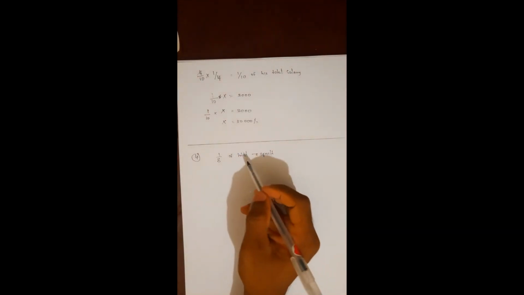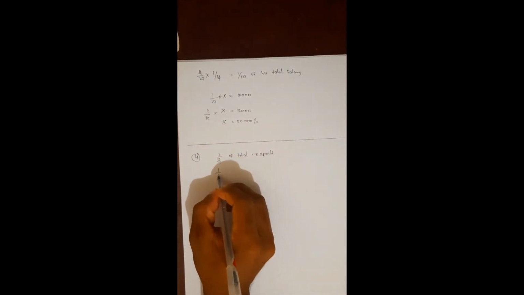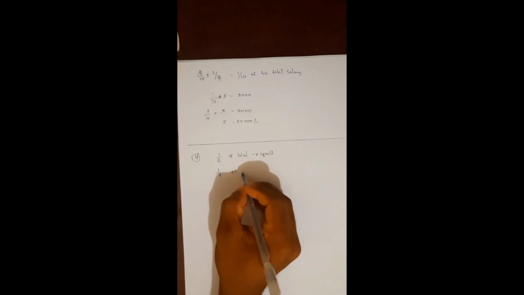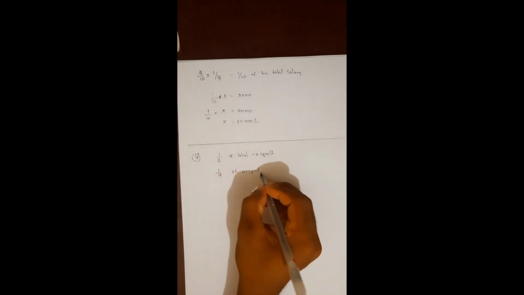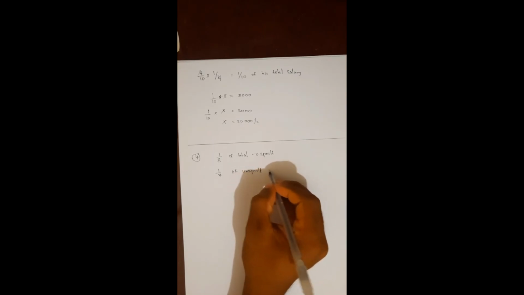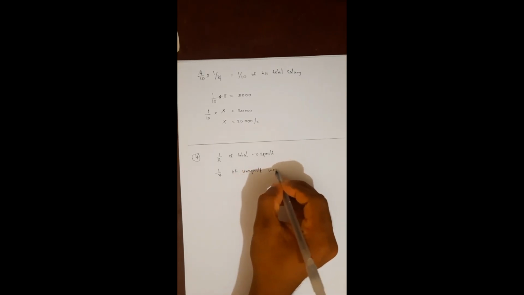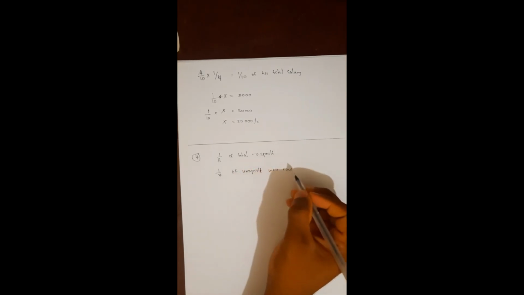This is the spoiled part. And 1/7 of unspoiled mangoes were raw. Mala sold the remaining portion of unspoiled ripe mangoes.